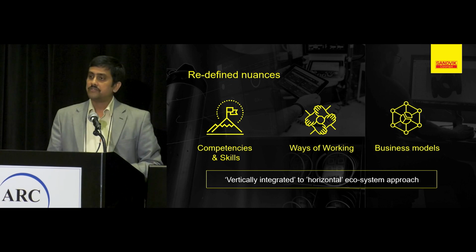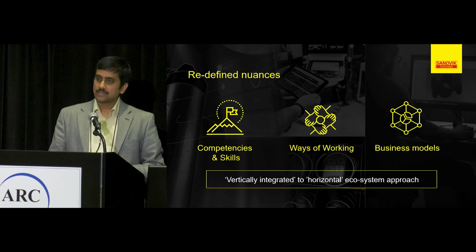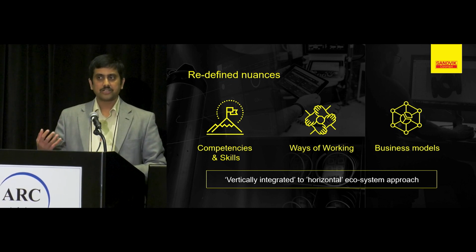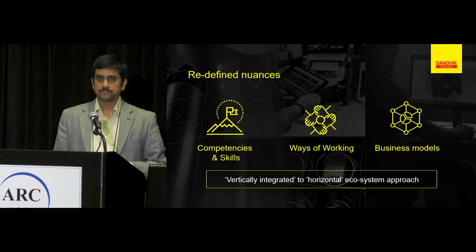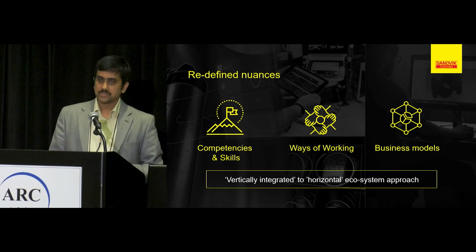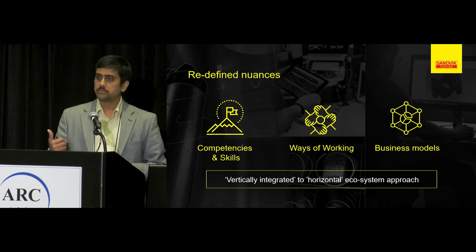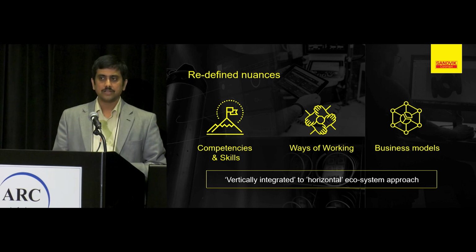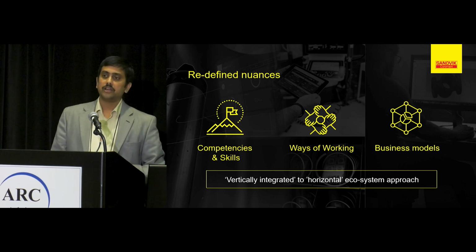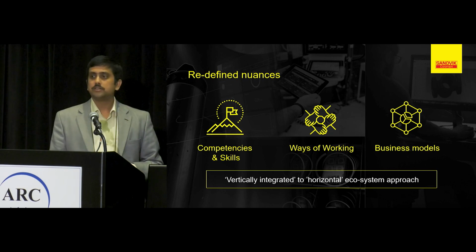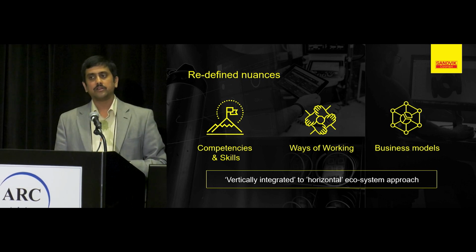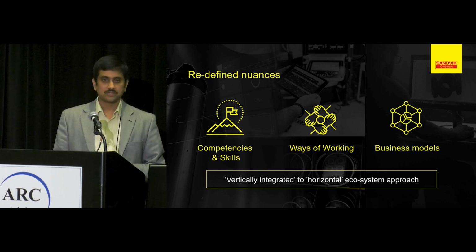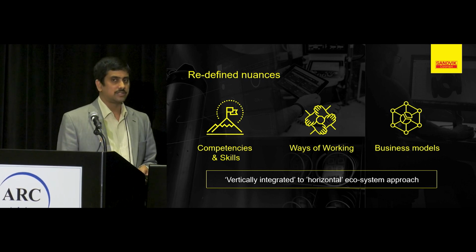Last but not the least, the ways of working is also about the kind of backend systems that you have. Traditionally, if I take our industry, tools and inserts industry, we have our own very strong PLM systems, etc. We have very good order to delivery management systems. Would they be able to cater to the kind of needs that we have in the digital world? No. Do the processes that we have cater to the kind of needs of electronics and certifications and all the complexities which come with digital?